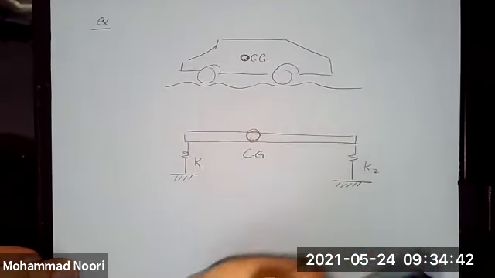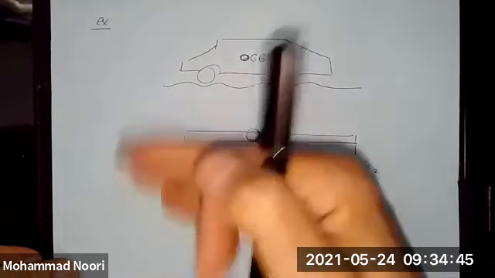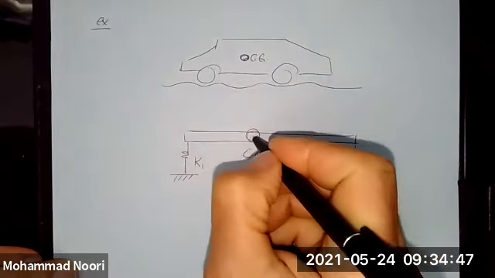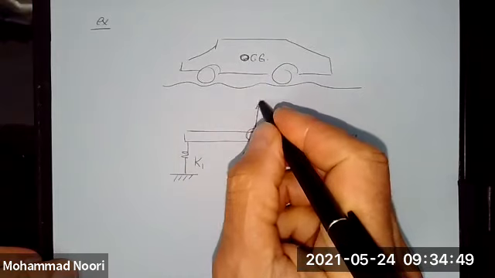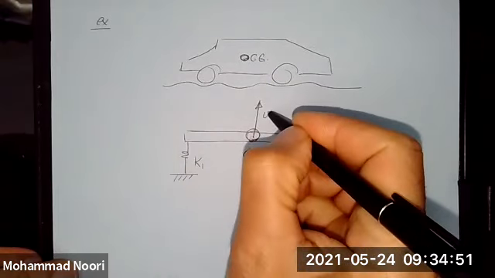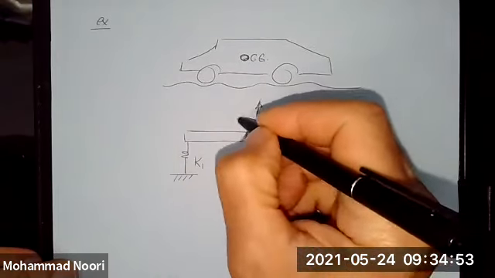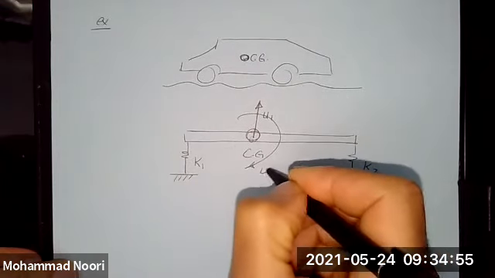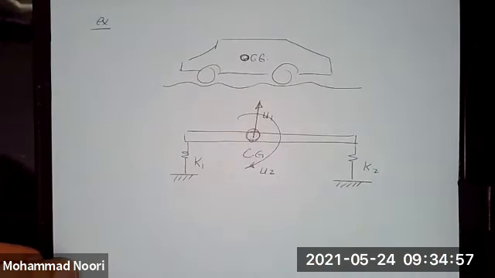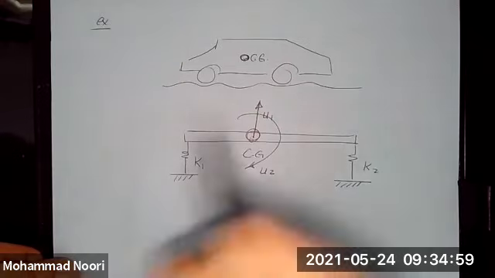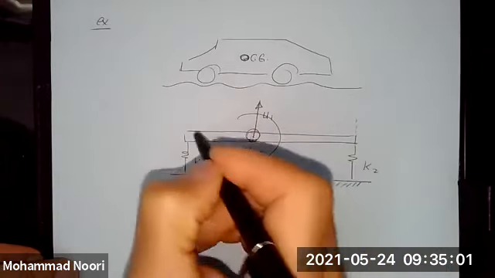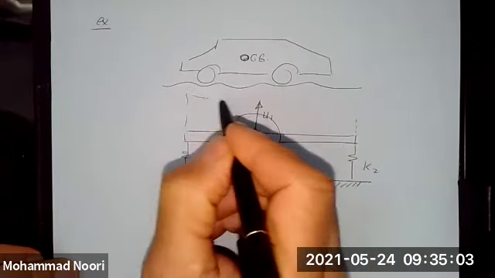So this car moves up and down and also rotates. So the center of gravity is moving this way, and also the car rotates. So we consider these as the 2 degrees of freedom. That is, the displacement shape for the car would be this.